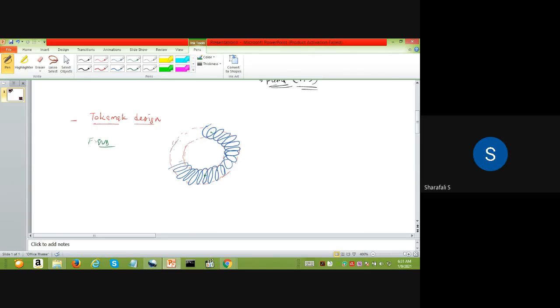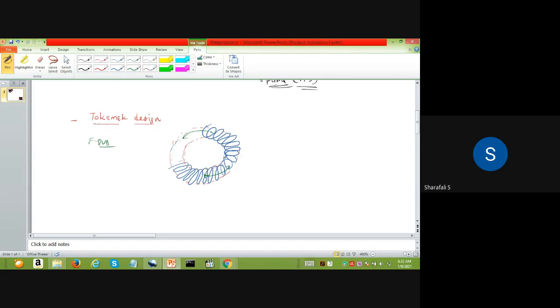Because of that magnetic field, force will be experienced by this electron or the ions. So they will revolve around in a circular path. They'll be moving like this.